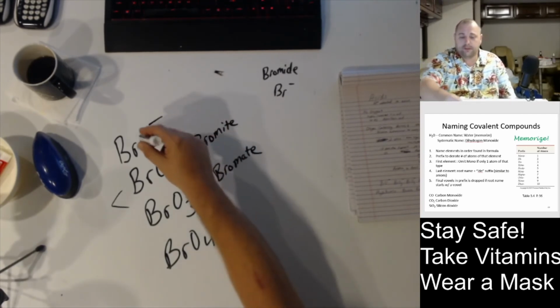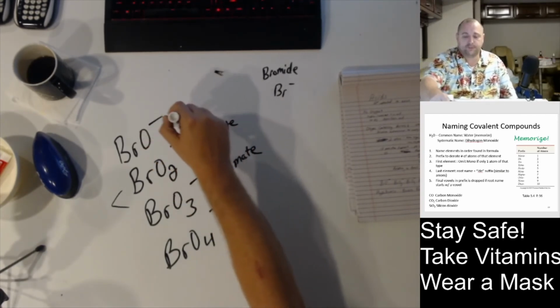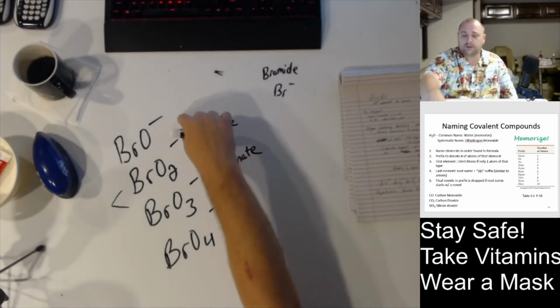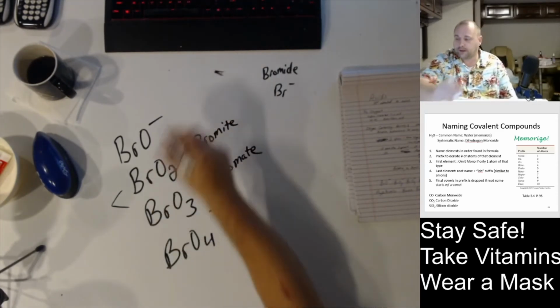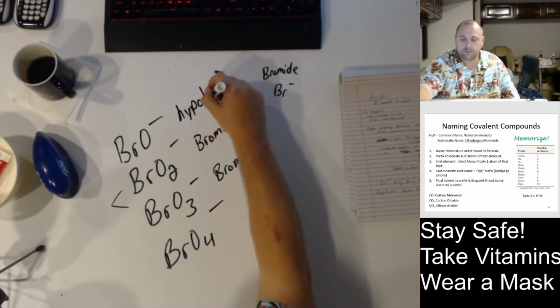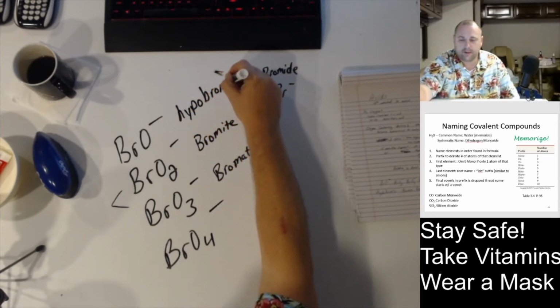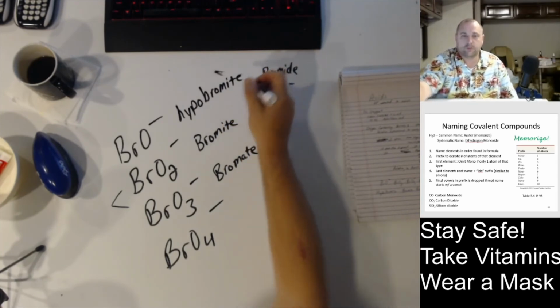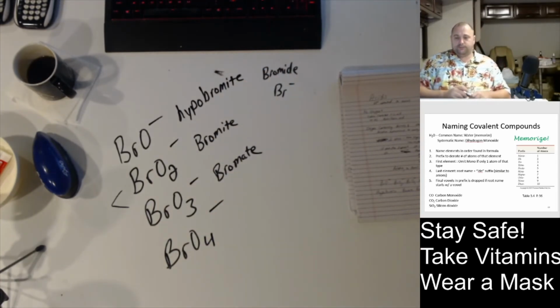So now I'm going to add prefixes to these 2 names. The one that is less than the bromite is hypobromite. I always think of a hypodermic, where it goes under your skin, right? And hyper would be on top of your skin.